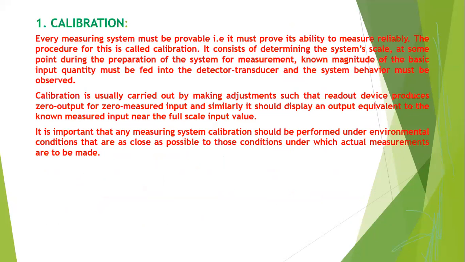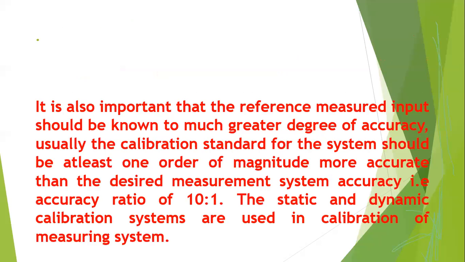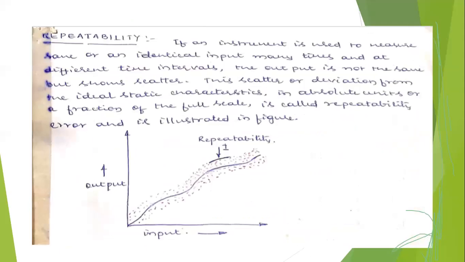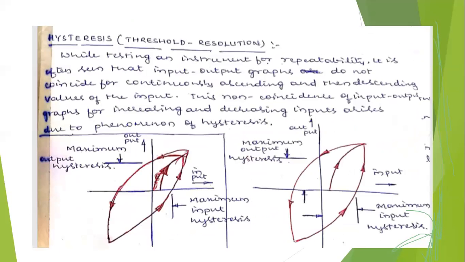Number one, calibration. Next line, number two, sensitivity. Number three, repeatability. Number four, hysteresis.